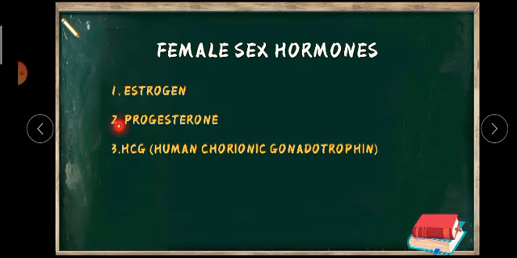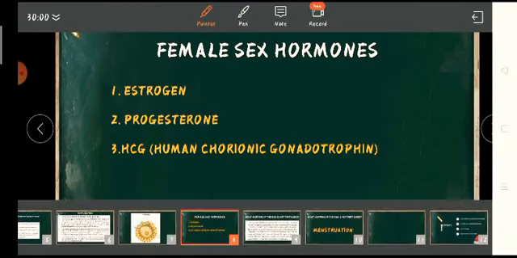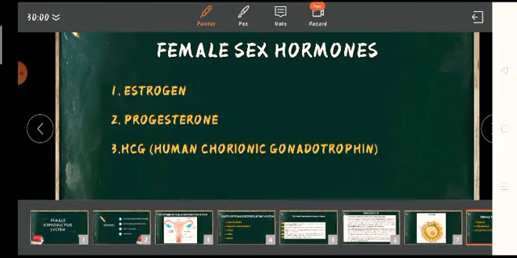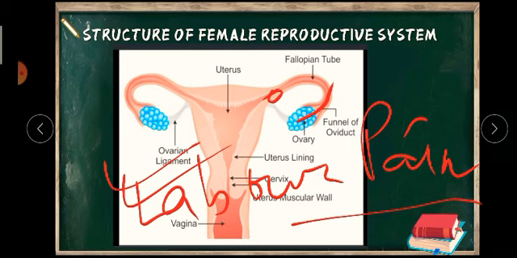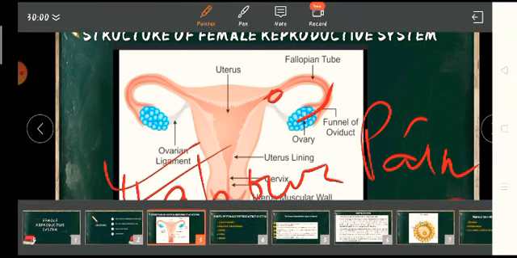The second one is progesterone, another important sex hormone in females, and the third is HCG, which we also call human chorionic gonadotropin. So these three are the most important female sex hormones, which take part in the development of the female reproductive system, and they contribute a lot to the birth of a child or baby.